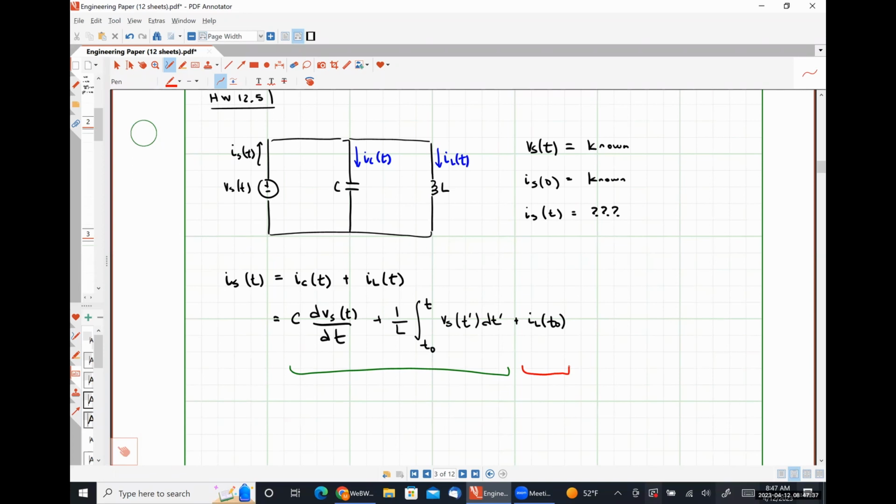We were given IS at 0. But we need IL at 0 to solve for IS for all points in time. So how are we going to figure out what IL at 0 is? What did you say, Emily?